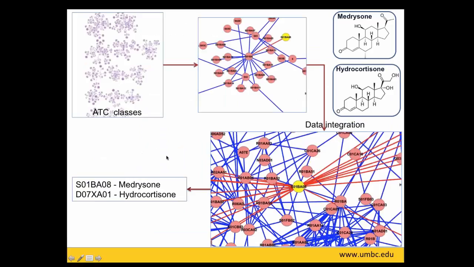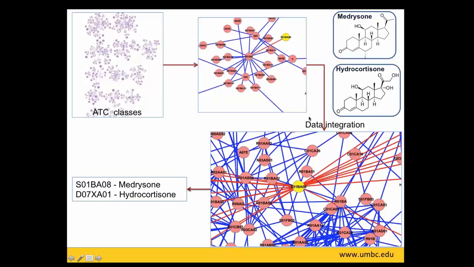This is an example showing how the PCPO can be used to identify some drug associations. This is the original ATC class network presented here. One of the drugs we are interested in is Medrysone, which only has one link to its parent, its drug class.